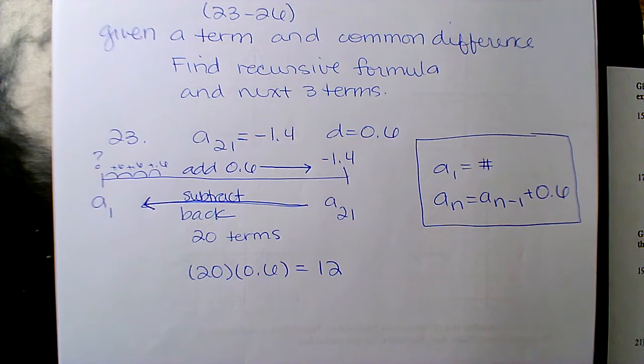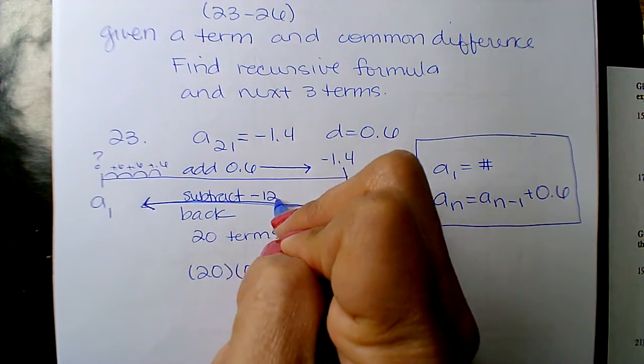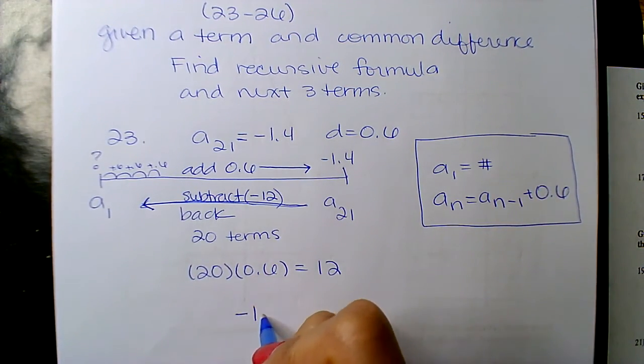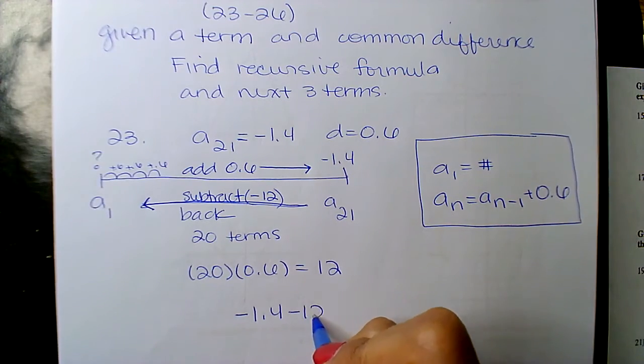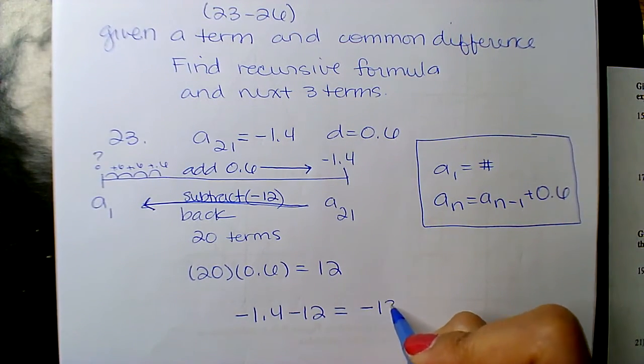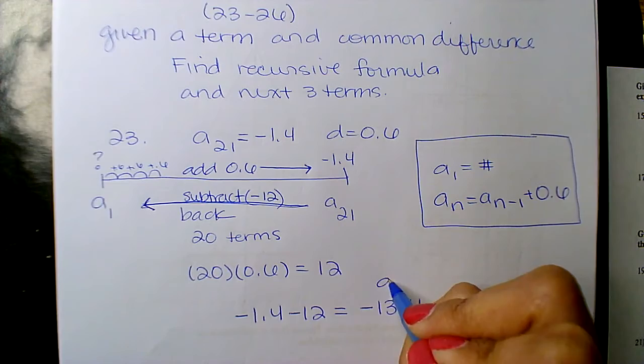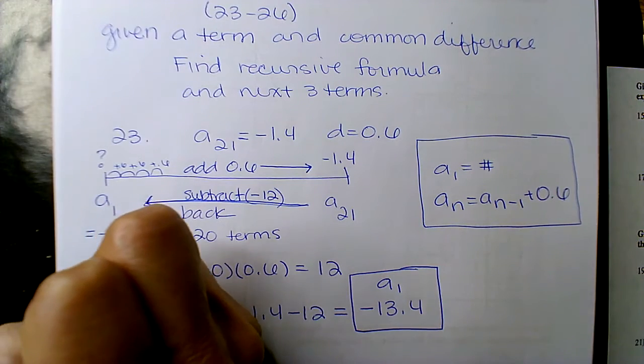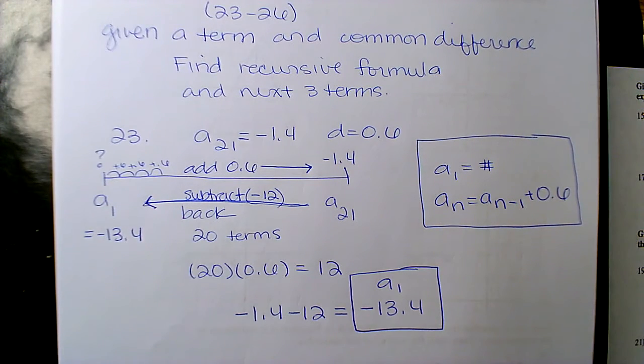So you're going to subtract the 12 units. Well, it's a positive 12. All right, so what is negative 1.4 minus 12? Negative 13.4, that is your first term. And so this is negative 13.4.